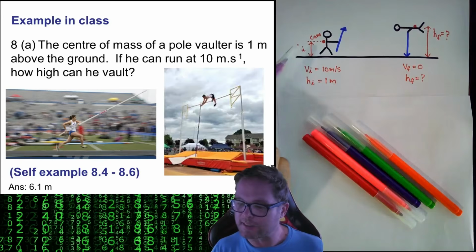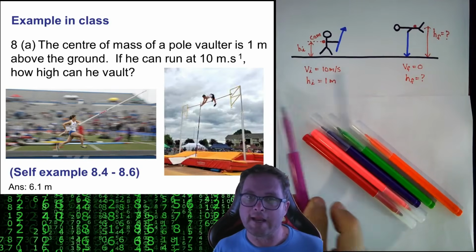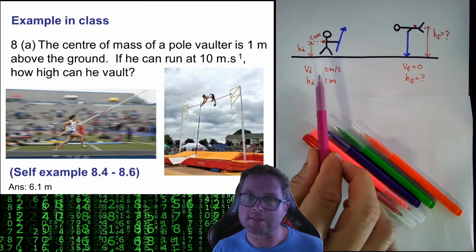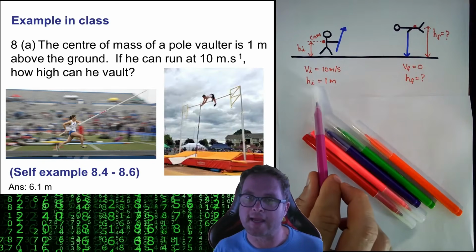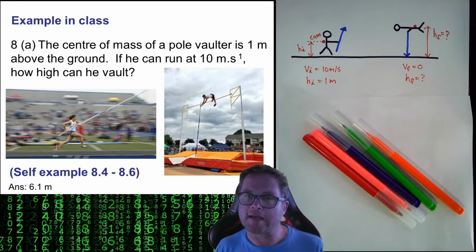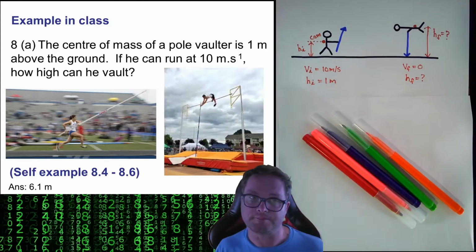So initially, we have the case of this pole vaulter as shown, and the center of mass is 1 meter above the ground. So that's the initial height, h_i. And then they say initially the pole vaulter is running at 10 meters per second.